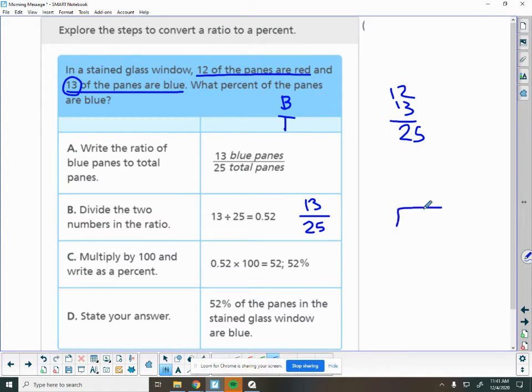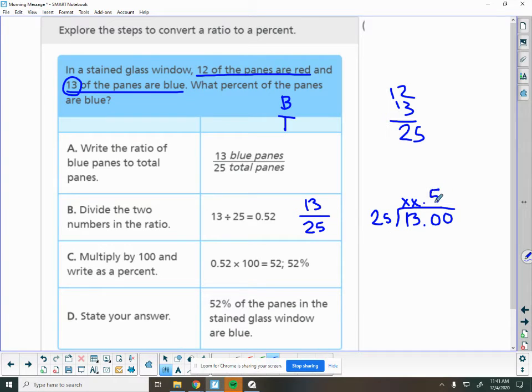So if I take 13 and divide it by 25, it can't go into 1 and it can't go into 13. So we can add some decimal places. 25 goes into 130. It's like quarters: 25, 50, 75, 100, 125.